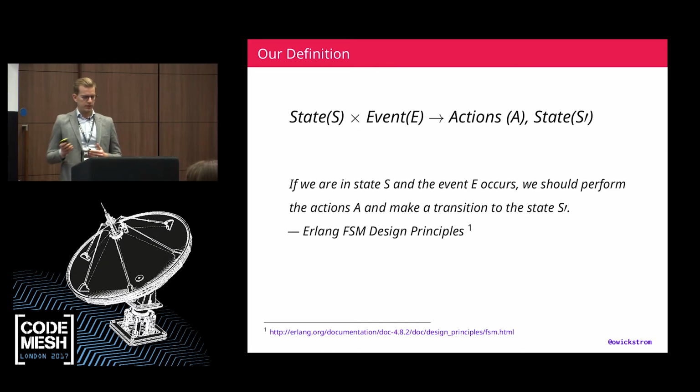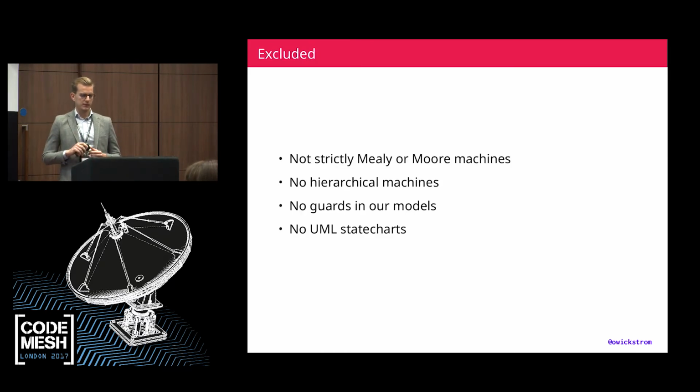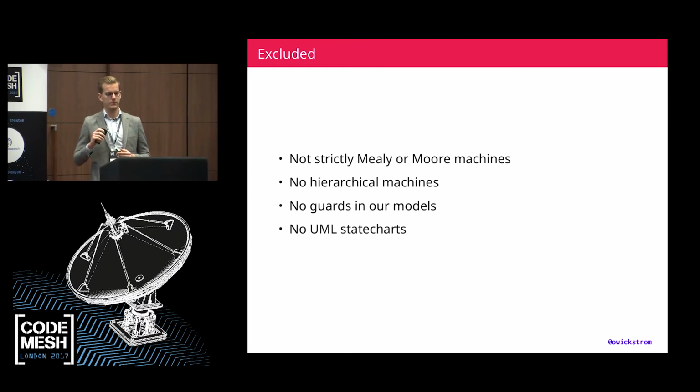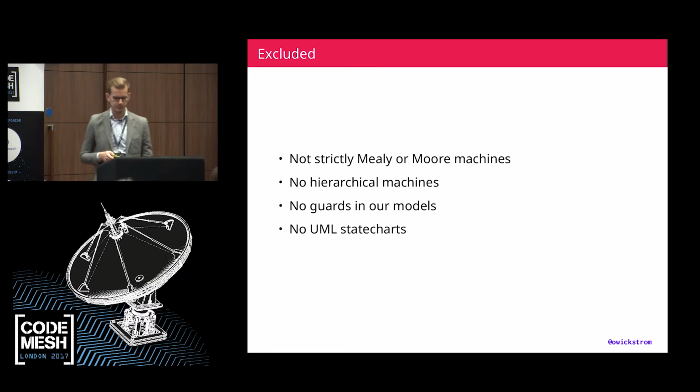So this is our definition, and we won't be talking much about finite-state machines in the strict sense. We won't be doing hierarchical state machines. We won't use guards on transitions, and I won't go crazy doing a lot of UML state chart stuff. So don't be afraid.